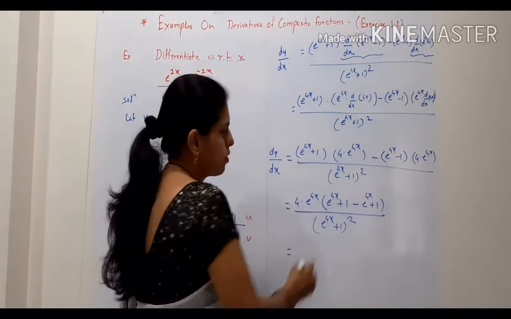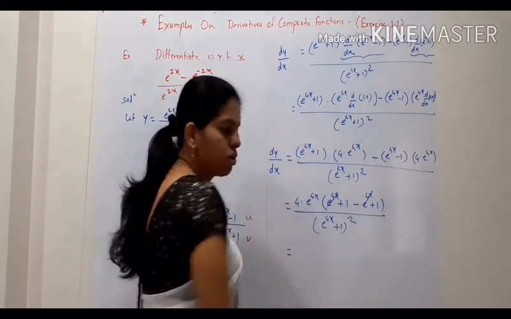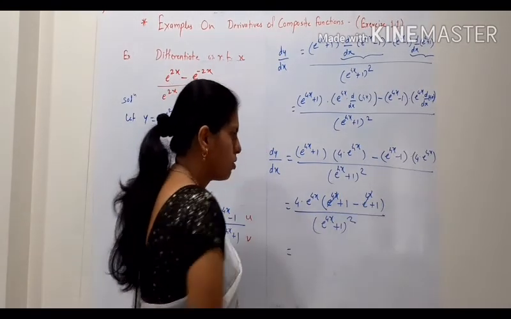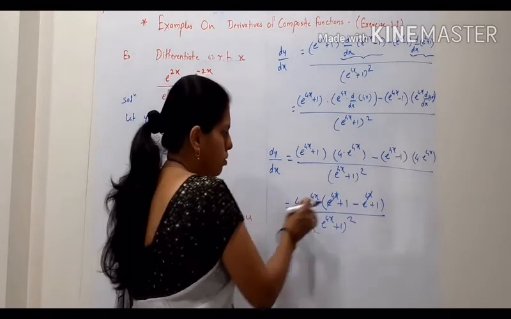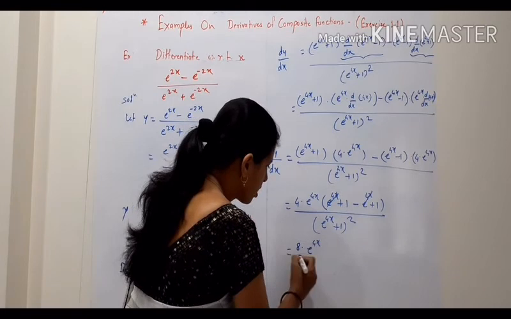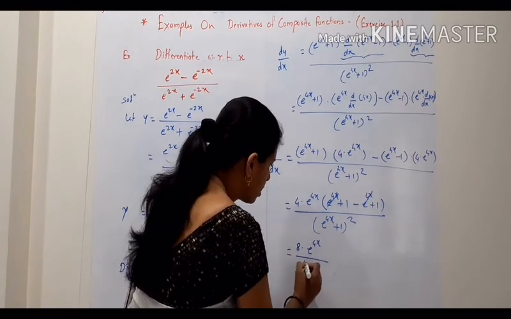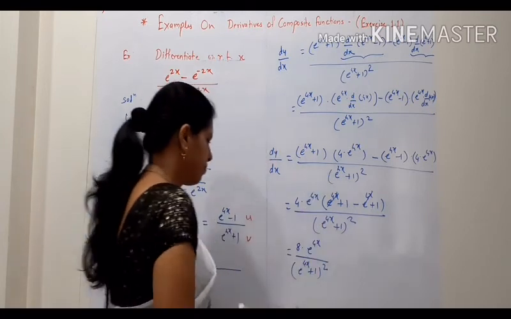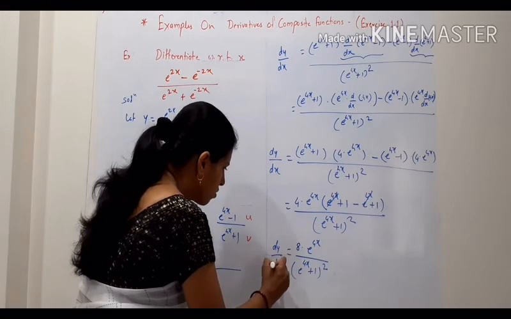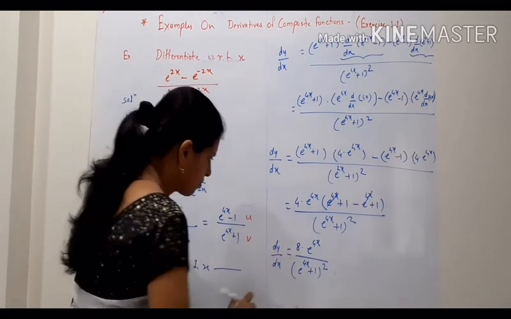Then the plus e raised to 4x minus e raised to 4x gets cancelled, then 1 and plus 1 is 2, so 2 into this 4 is 8. 8 into e raised to 4x divided by e raised to 4x plus 1 square is the final answer of this function.